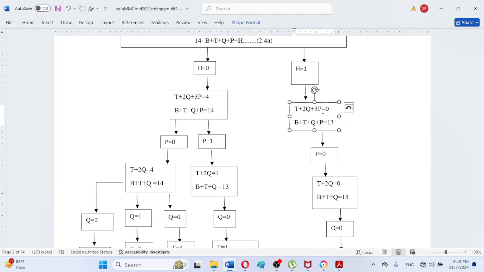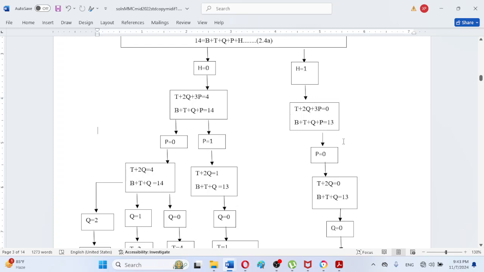So p cannot be equal to 1, because if p is equal to 1, then on the right hand side there will be minus 3. So t plus 2q will be equal to minus 3, which is impossible. So p must necessarily be 0 in this equation.